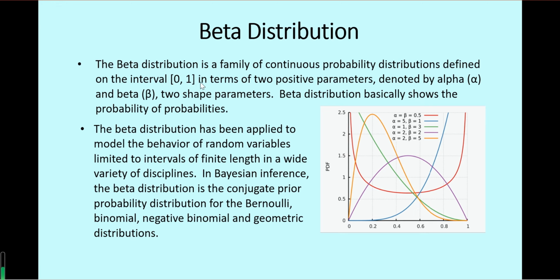So it is perfect to use the beta distribution to model, for example, a prior distribution in Bayesian statistics, because the beta distribution is also conjugate with the Bernoulli, binomial, negative binomial, and geometric distributions in Bayesian inference. This figure shows several beta distribution density curves with different alpha and beta.